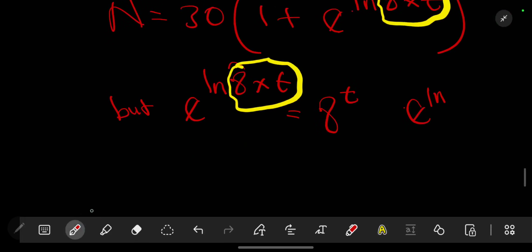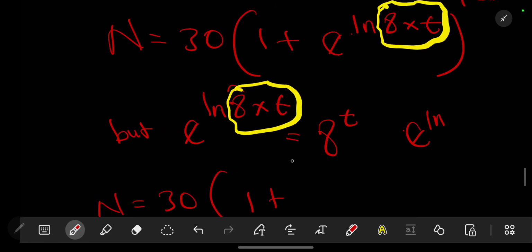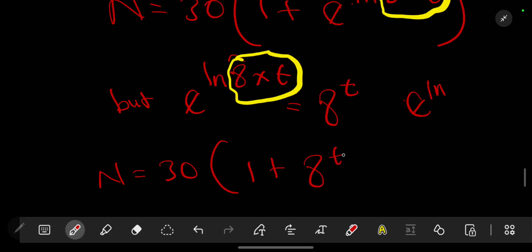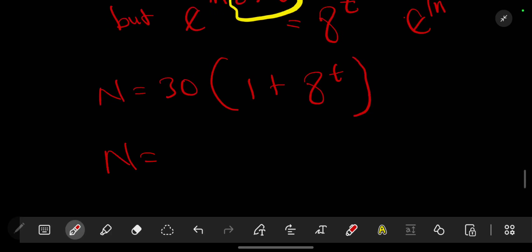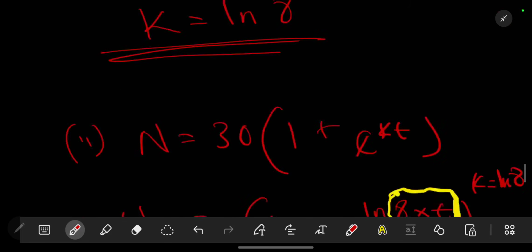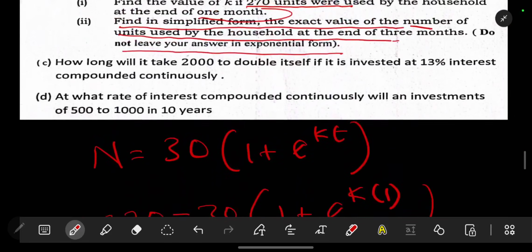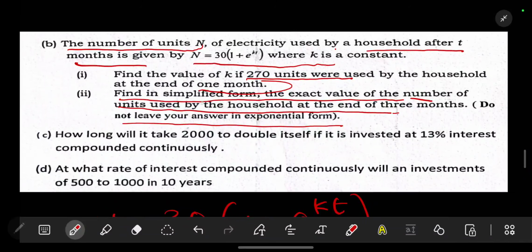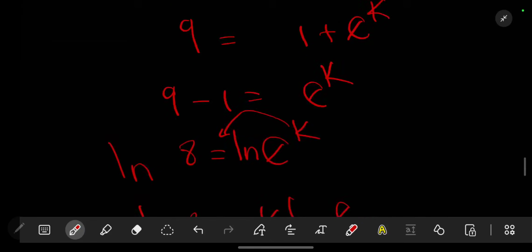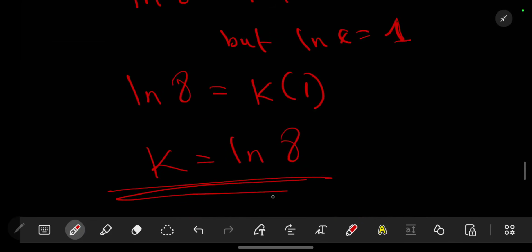So we have our n should be equal to 30 by 1 plus 8 to the power of t like that. Then n should be equal to 30, 1 plus 8 to the power, for how long? We have been given that it is used at the end of 3 months, so we put our 3 like that.